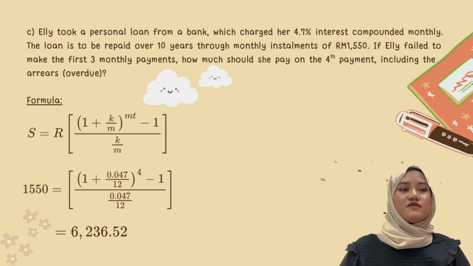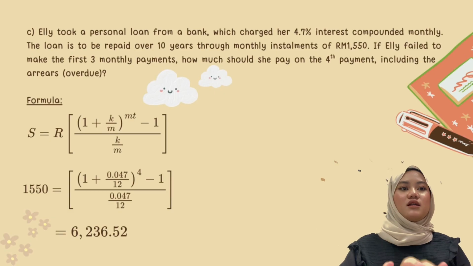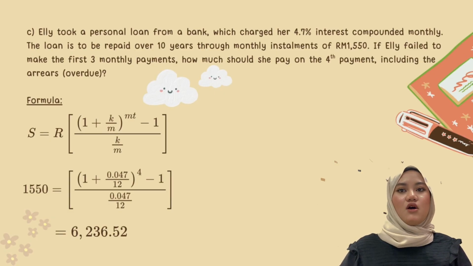M is the number of compounding periods per year, which is 12 months, and T is the number of missed months, 3 months.